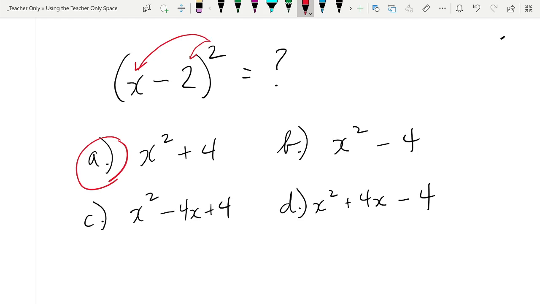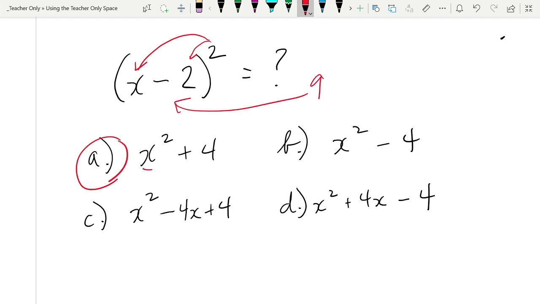But here, let me convince you, first of all, that A can't be right. If the way algebra works is, if you think two things in algebra equal each other, you should be able to pick a number for the variable, put it in, and both things should still be the same number. So let's say your favorite number was 5. Well, if you plug a 5 into here, 5 minus 2 is 3, and 3 squared is 9.